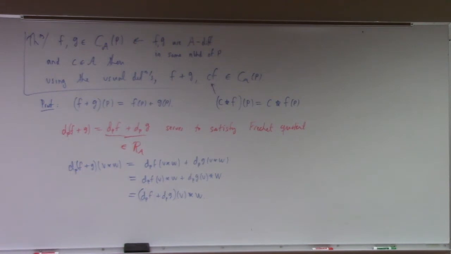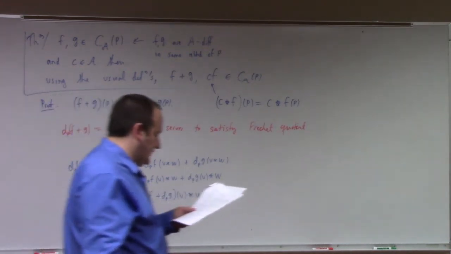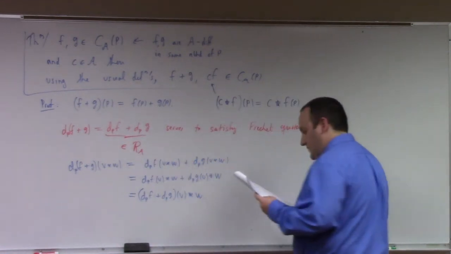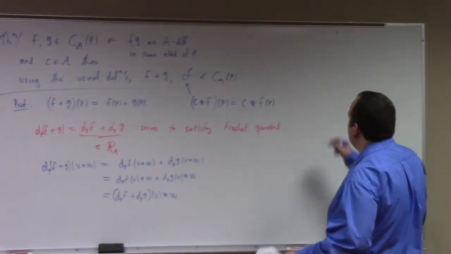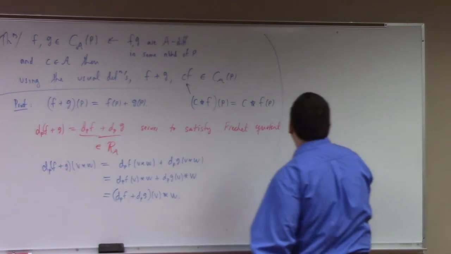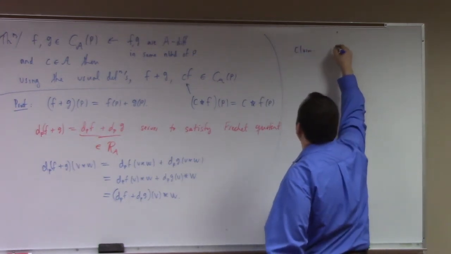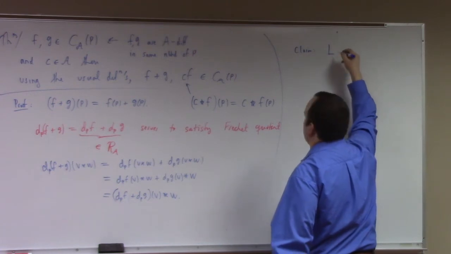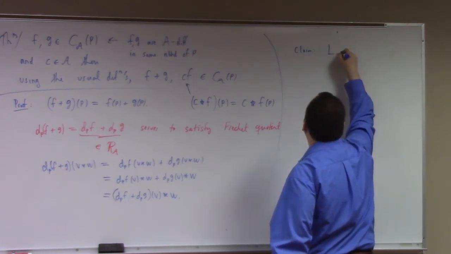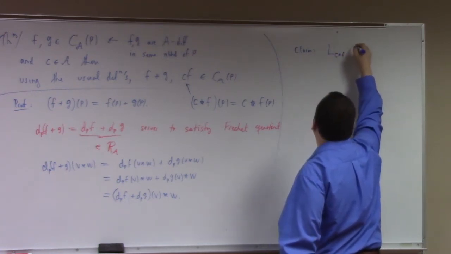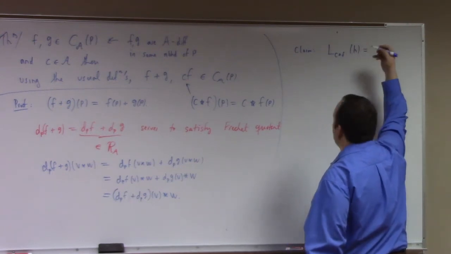Now, the one that perhaps actually merits a little standalone calculation might be the scalar multiplication, right? So let's look at the scalar multiplication. My claim would be that we can use the linearization of c times f of h. You kind of know what you're going to do, right?